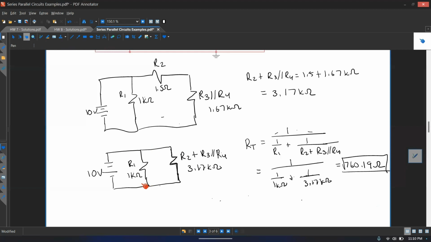In this case, 1 kilo ohm is our smallest resistor in this reduced circuit, and 760 is smaller than 1 kilo ohm. So that makes sense. All right, so that's our R total.